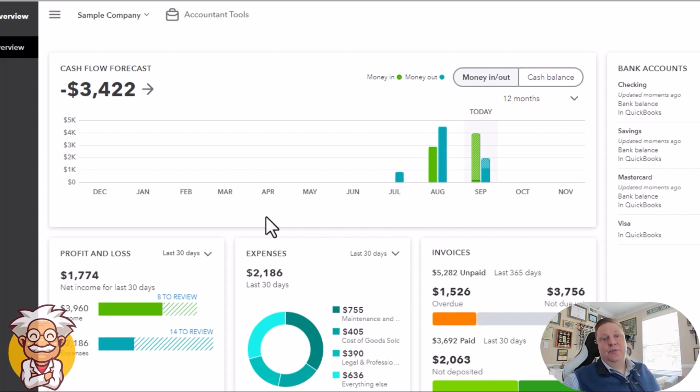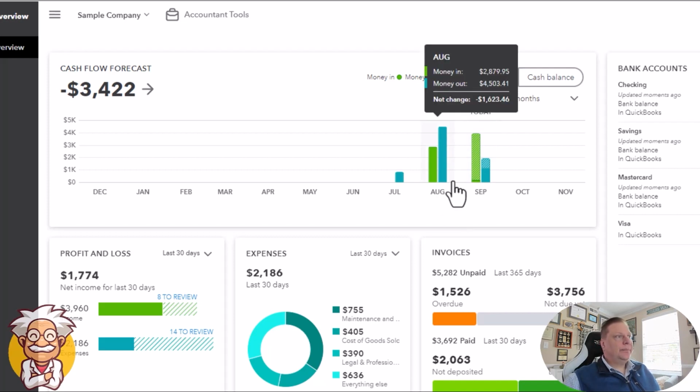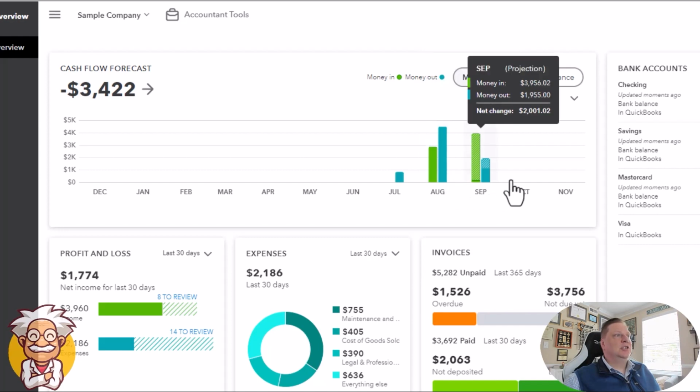And so that is the first thing that QuickBooks highlights for all of us here. Real simple graph. The green and the teal are the money in and money out. If you hover over it, it'll give you a pop-out where it'll quickly tell you the money in and money out for that particular month and the net change.